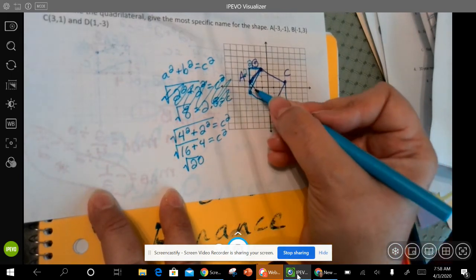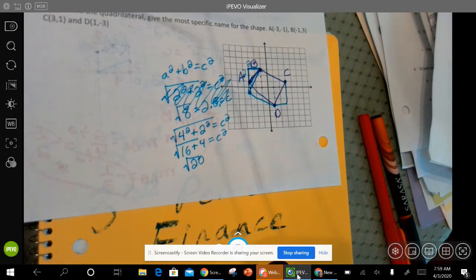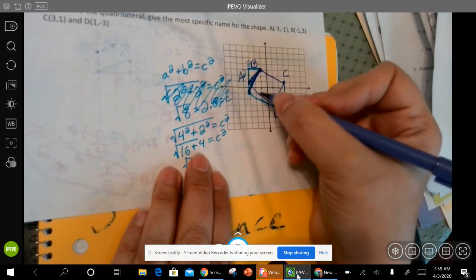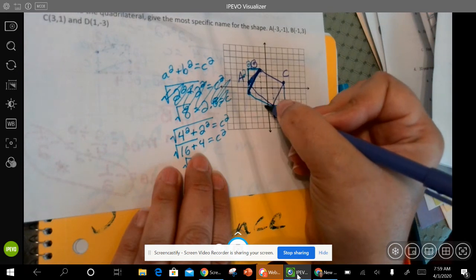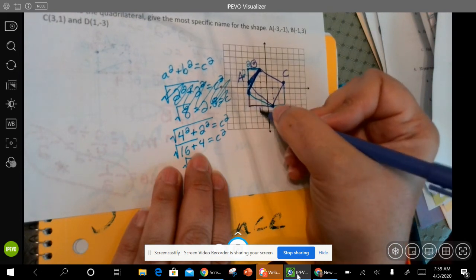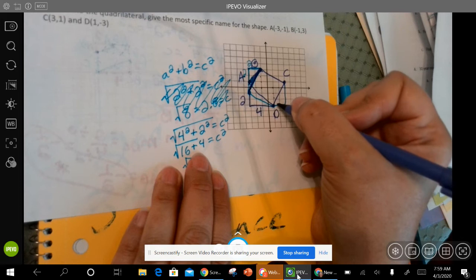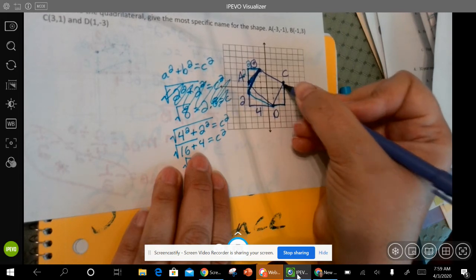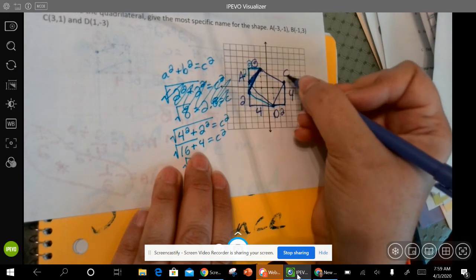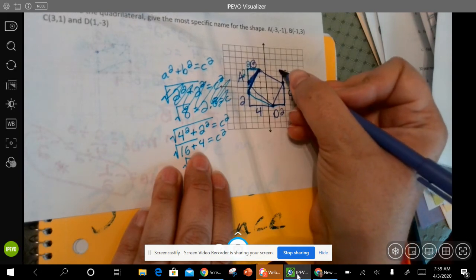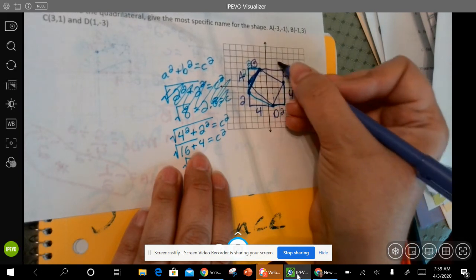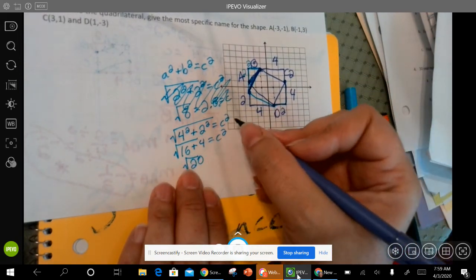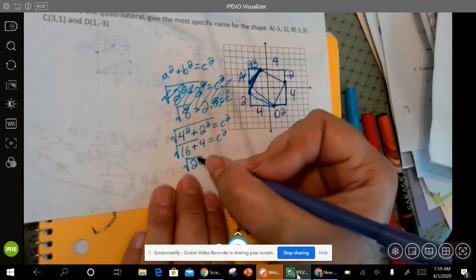And we can check that on all the sides. So again, everybody, it should be right down here. This is the same thing, 4 over 2. Same thing with this, so it's 2 over 4. And same for this part, 2 over 4. So that means all the sides are congruent.